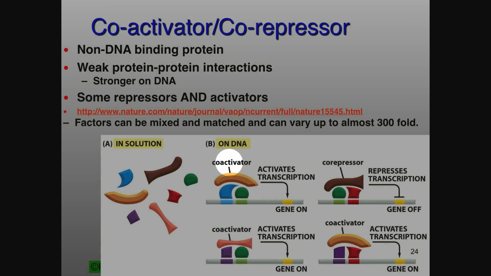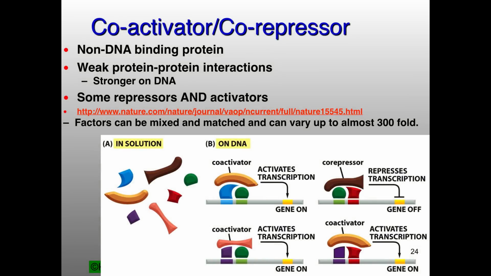In this case, a co-activator. This co-activator could interact again with components of the general transcription machinery, but a lot of the co-activators, and for that matter co-repressors, are really involved in chromatin regulation. So a co-activator could be a histone acetyltransferase, which puts acetyl groups on histones, which leads to the chromatin falling apart or association of your pre-initiation complex.